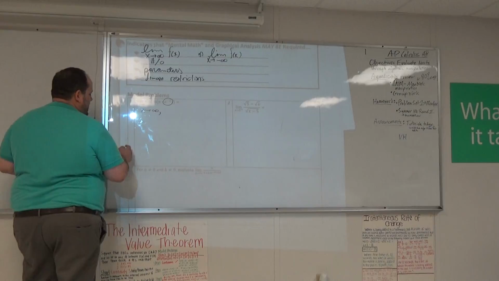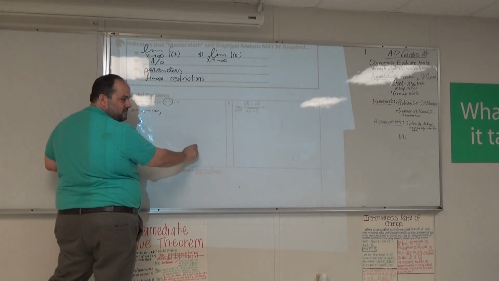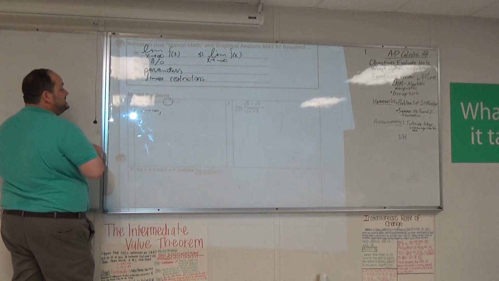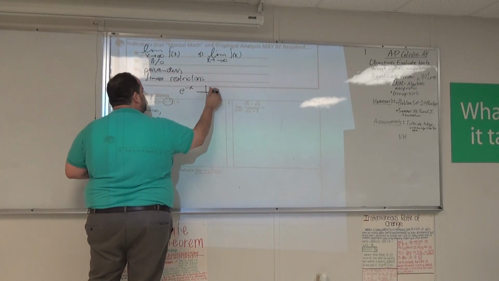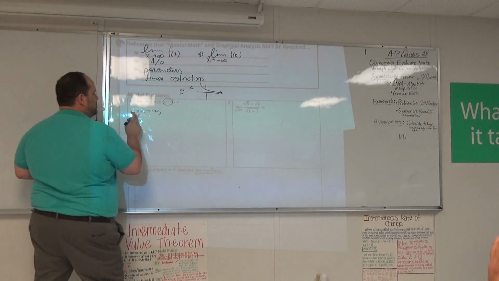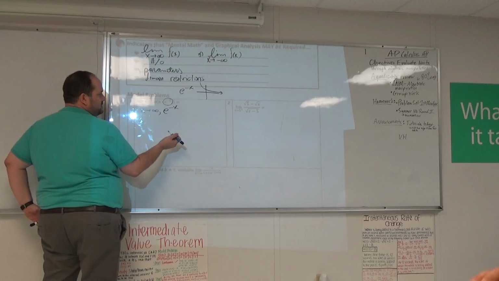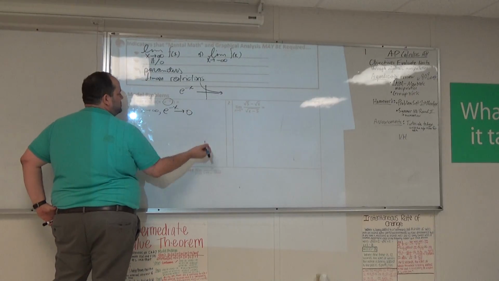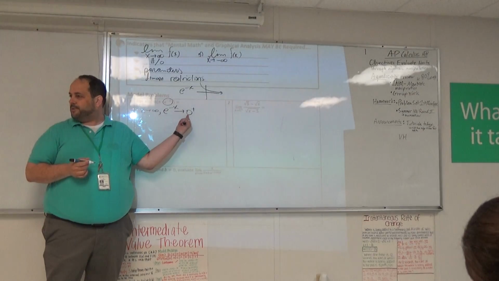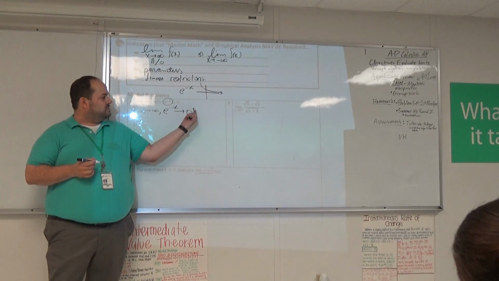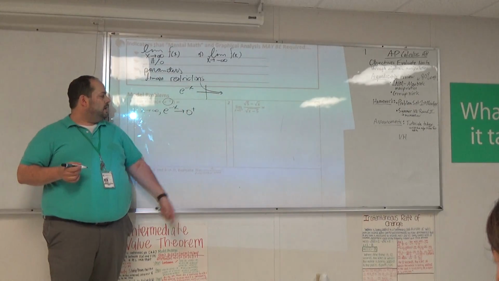Is e to the negative x increasing from left to right or decreasing from left to right? Decreasing. So the graph of e to the negative x decreases from left to right. So what happens as x approaches infinity? What happens to e to the negative x? Approaching 0. Now maybe you want to be really picky and say not only is it approaching 0, I'm approaching 0 through positive values, above the x-axis.